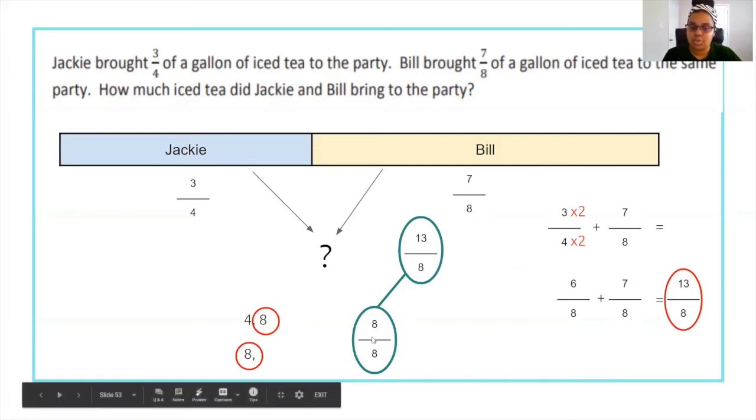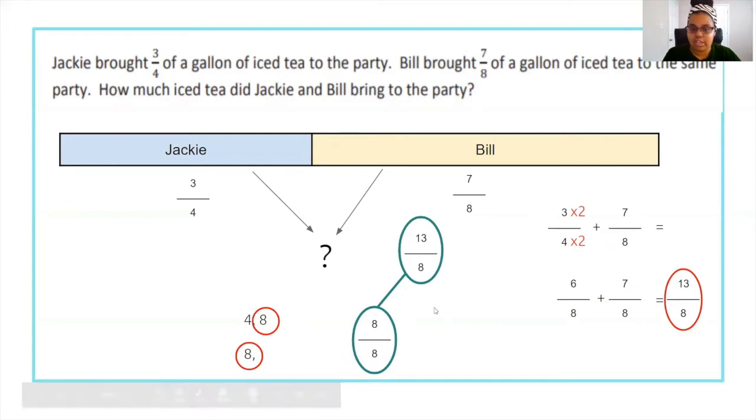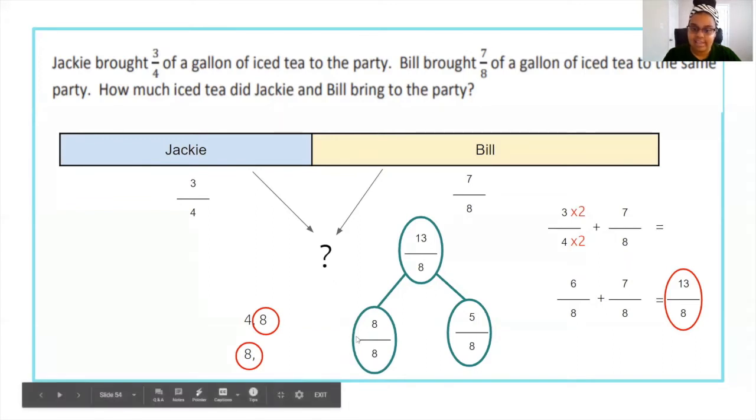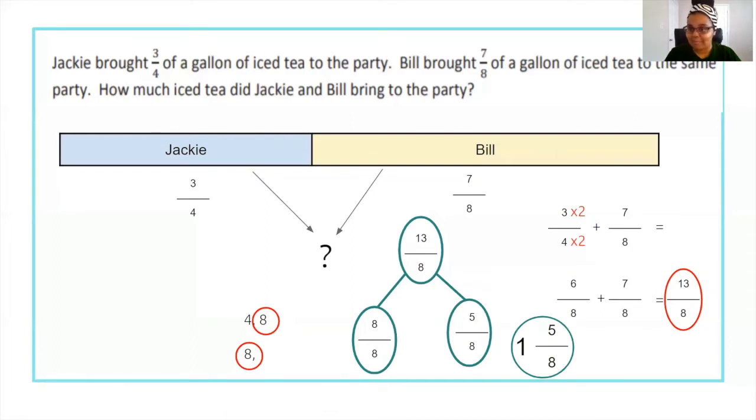Now, to do this, you have to think, 8 plus what would give me that 13. So there's 5/8 left. So I can rename 13/8 as 8/8 and 5/8. And that helps me because I know that the mixed number would be 1 and 5/8. So my answer for this problem is 1 and 5/8.